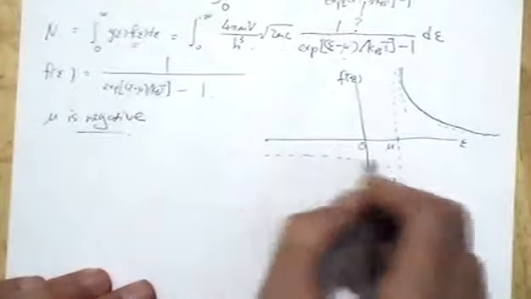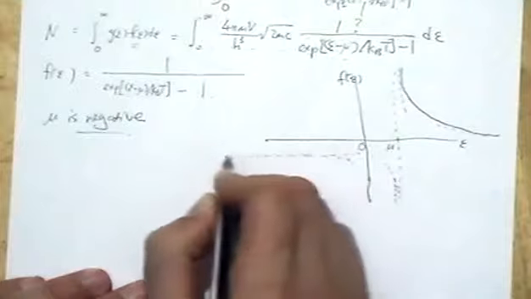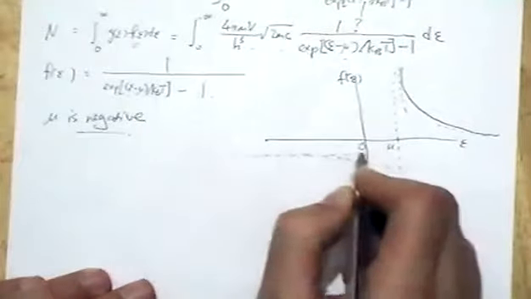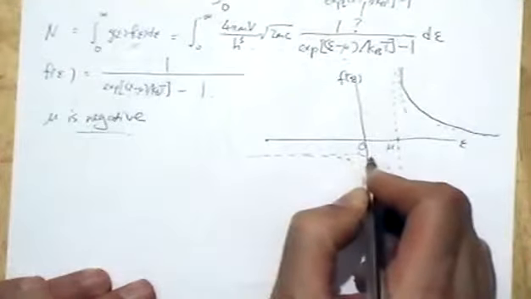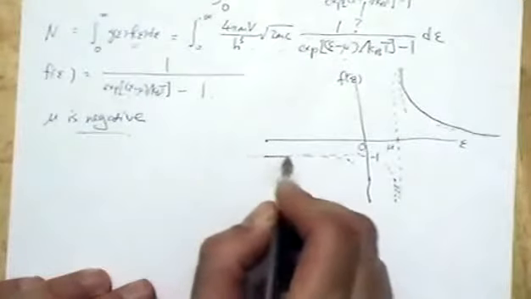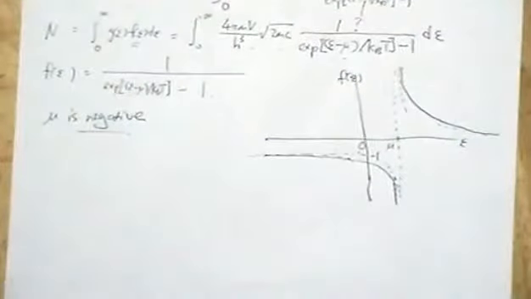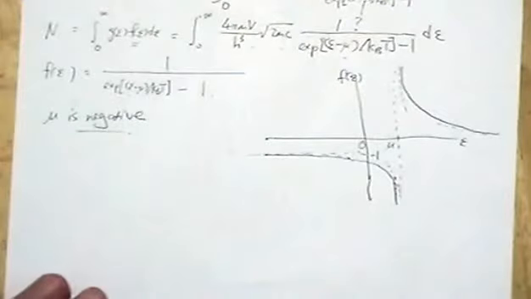Okay. So it would approach this horizontal line where Fe is minus 1. And in between, we can join those up so that the graph looks like this. So that's what Fe looks like.